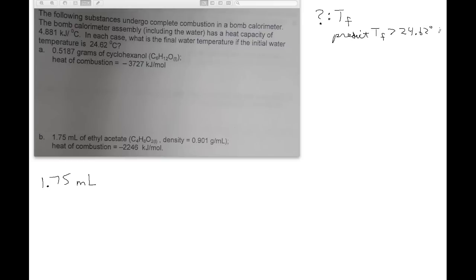So 1.75 times 0.901 is equal to 1.57 grams of ethyl acetate. And then you can divide that by 48 plus 32 plus 8, 88 grams per 1 mole.